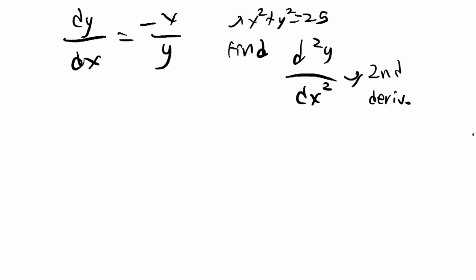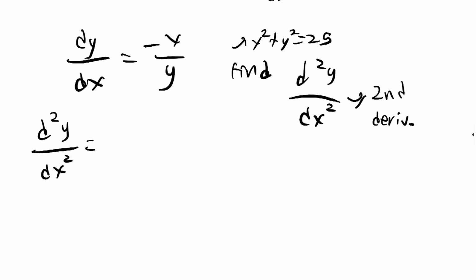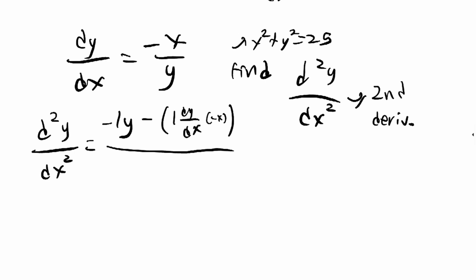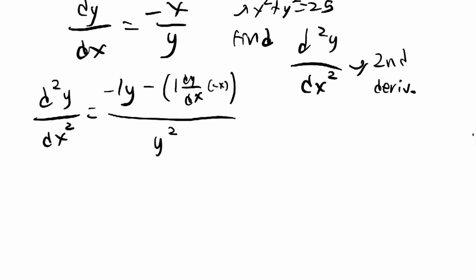Okay, so from here, do the same stuff. So now d squared y over dx squared is going to be, okay, so we need to do the quotient rule. So it's going to be derivative of negative x is negative 1. So it's just going to be negative 1 times y minus the derivative of y, which is dy dx, so 1 dy dx, times negative x, all over y squared.